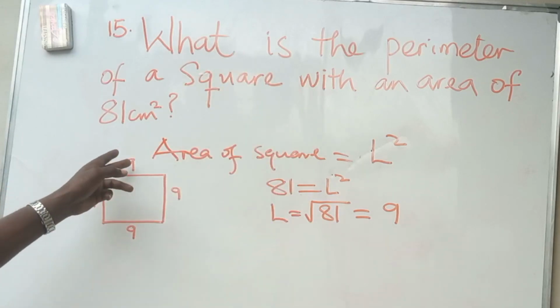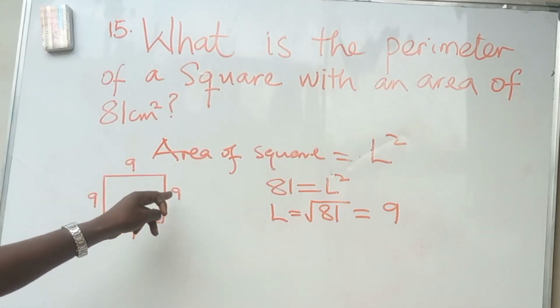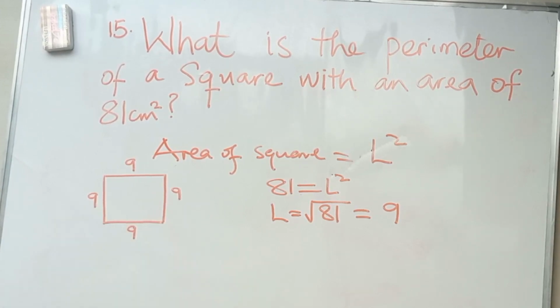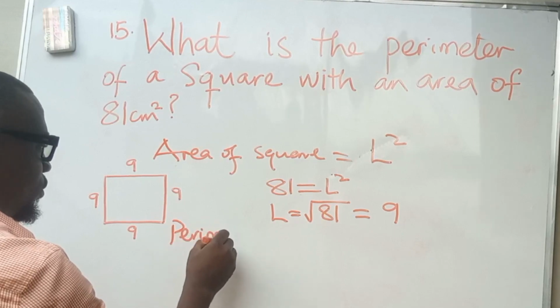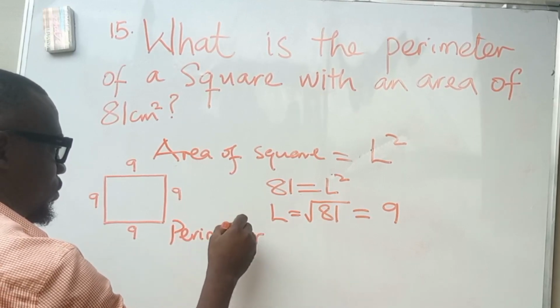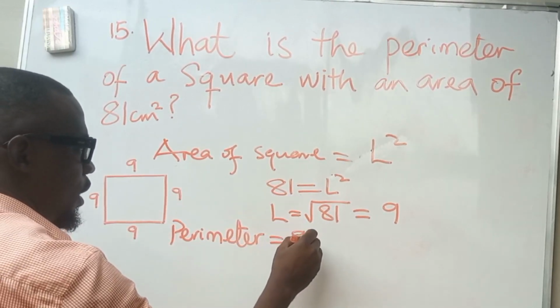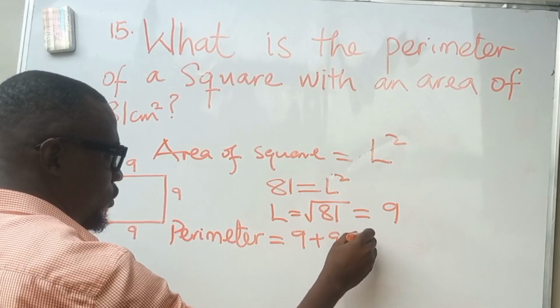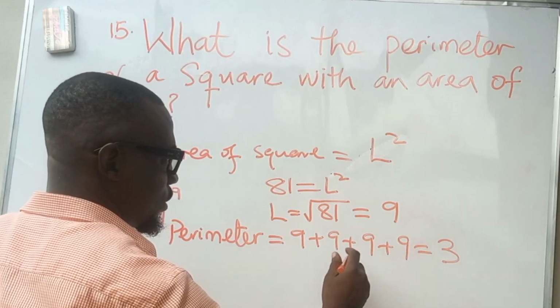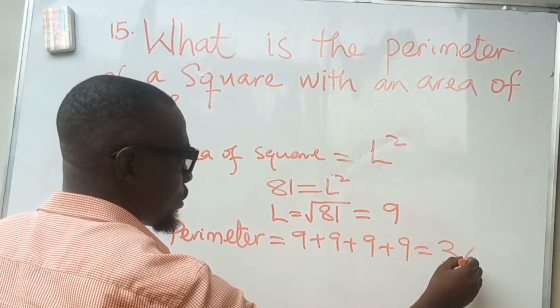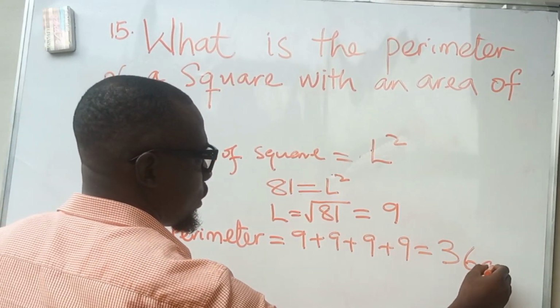Now, the perimeter of the square will be 9 plus 9 plus 9 plus 9, which is 36 centimeters.